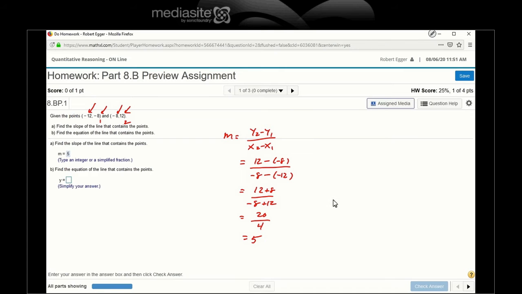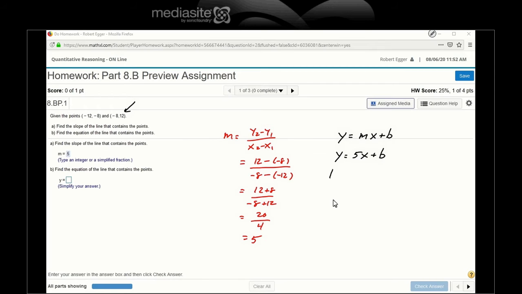Now find the equation. Generally, y equals mx plus b. We figured out m. I have 2 points to use. Which one looks easier? I think I'll use this one.